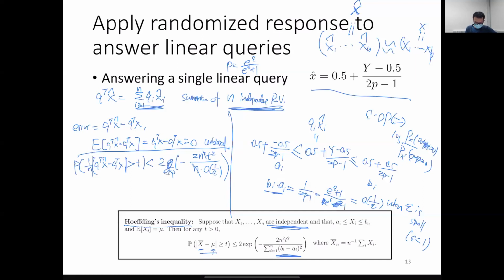And what is the choice of t that will make this probability delta, right? So let's try assigning this probability to delta and work it out. So effectively, log 2 over delta is equal to, I'm dividing both sides by 2 and then taking log and then multiplying by minus 1 on both sides, right?